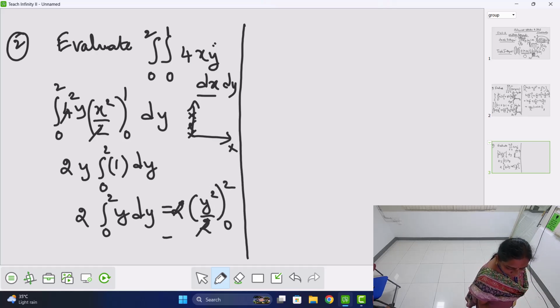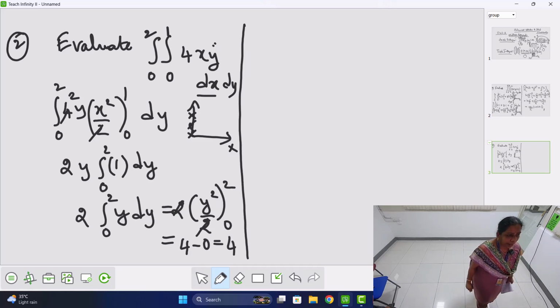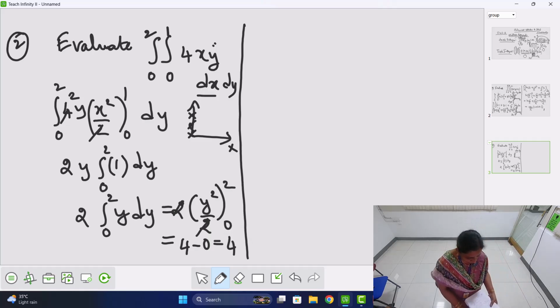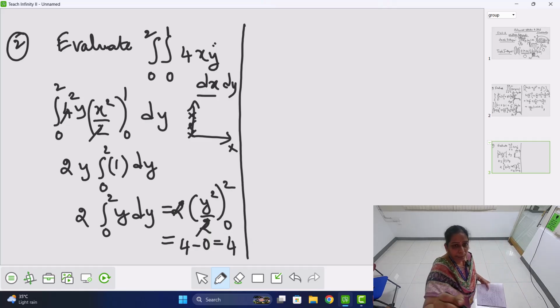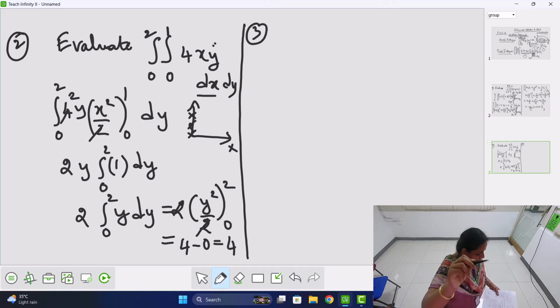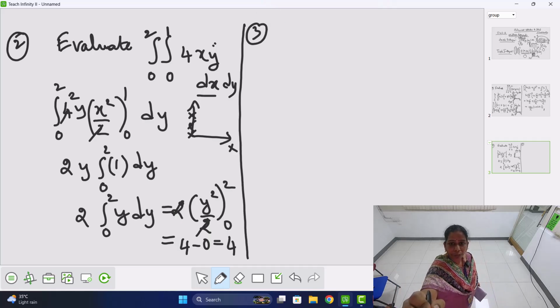So 2 gets cancelled, 2 square is 4, 4 minus 0, which is equal to 4, is the required answer for this double integration.